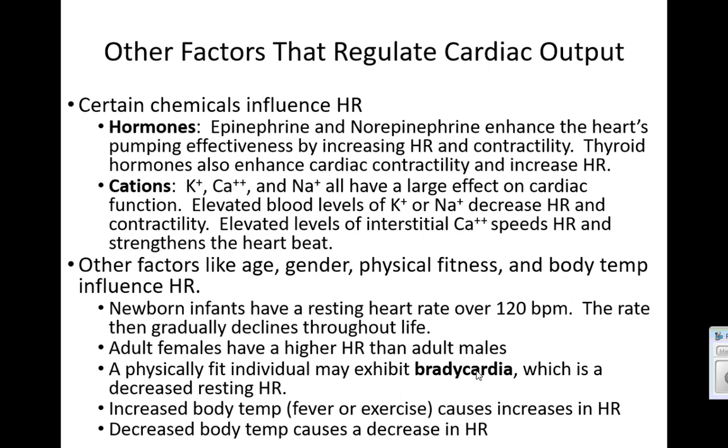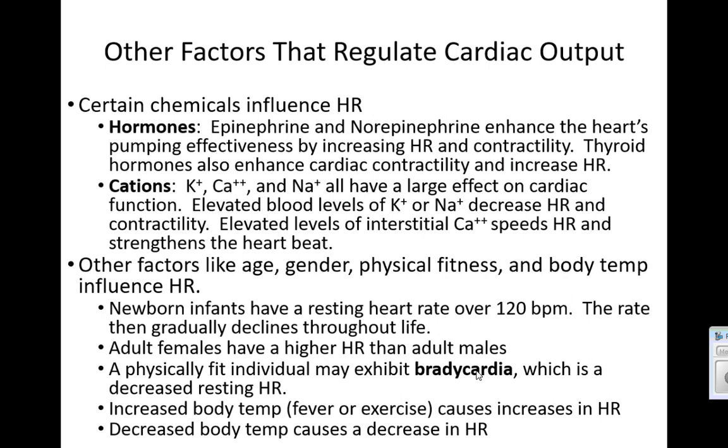Cations like potassium, calcium, and sodium all have a large effect on cardiac function. Potassium and sodium will decrease heart rate and contractility. So they both decrease cardiac output. Calcium will speed it up and strengthen heartbeat, so that increases heart rate and stroke volume, therefore increasing cardiac output.